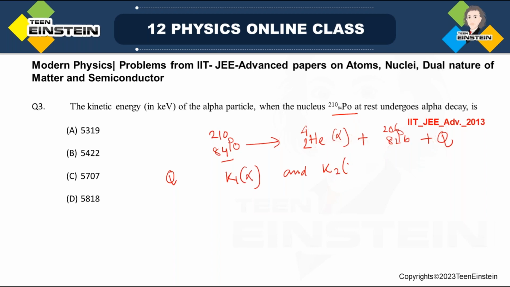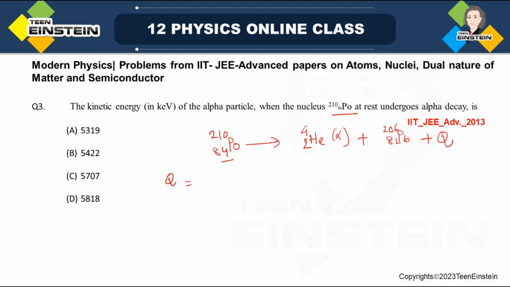I will write Dn for daughter nuclei. So the Q value will be manifested in the kinetic energy of the alpha particle and the kinetic energy of the daughter nuclei. Here it is Pb, actually I will write Pb. So that is the fundamental idea in this case. So first of all, let us find out what is the Q value here.